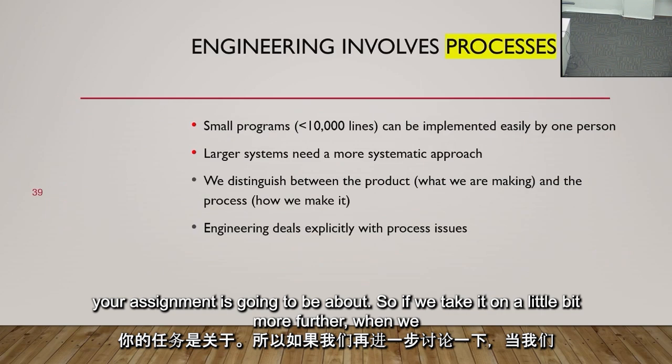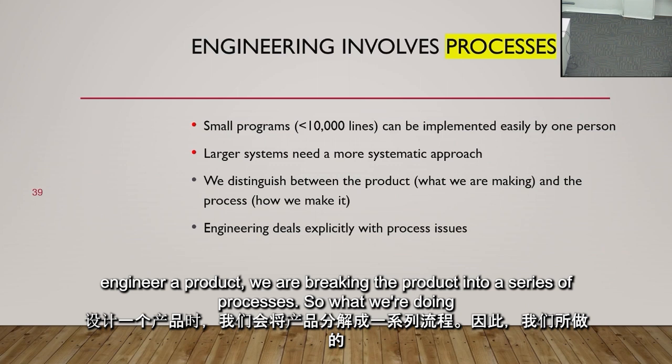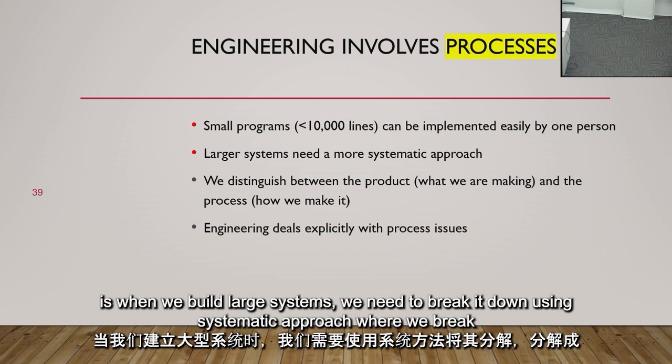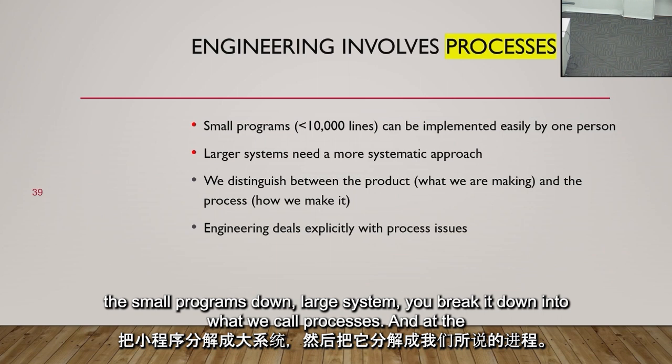So if we take it a little bit further, when we engineer a product, we are breaking the product into a series of processes. When we build large systems, we need to break them down using a systematic approach, where we break large systems down into what we call processes.